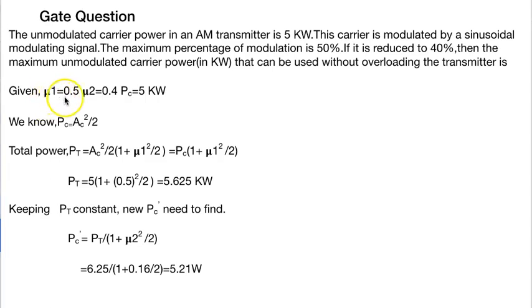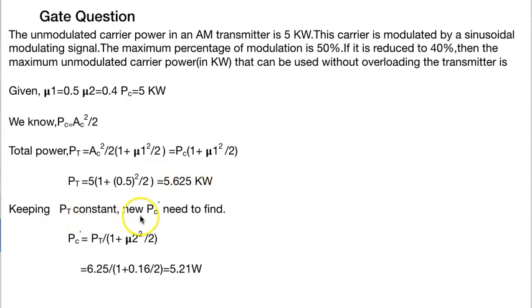So I have mentioned mu1 is this, mu2 is this, and the power of the carrier is AC square by 2. The total power of a double sideband is given by AC square by 2 times 1 plus mu square by 2. Or you can say PT is equal to PC times 1 plus mu1 square by 2. Now on solving, PT is 5.625 kilowatt.